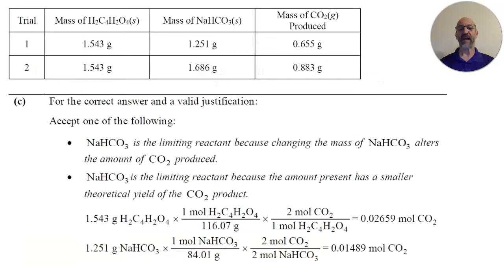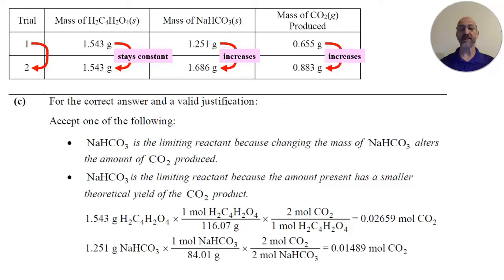So now what you're looking at is the official scoring guidelines. Here's one strategy for determining that the limiting reactant was sodium bicarbonate. If we look at the 2 different trials, we notice that the mass of maleic acid stays constant. The mass of the sodium bicarbonate increases, and look what happened to the amount of carbon dioxide produced.